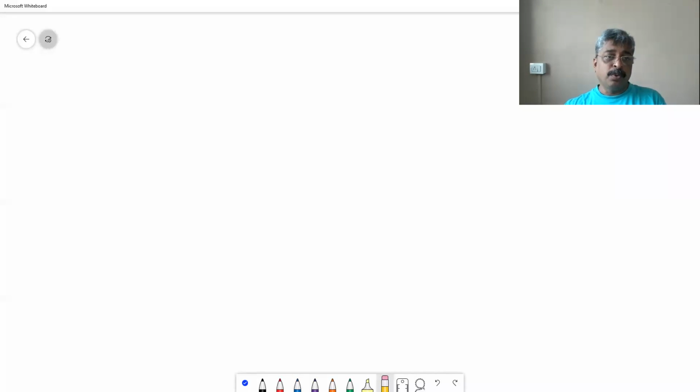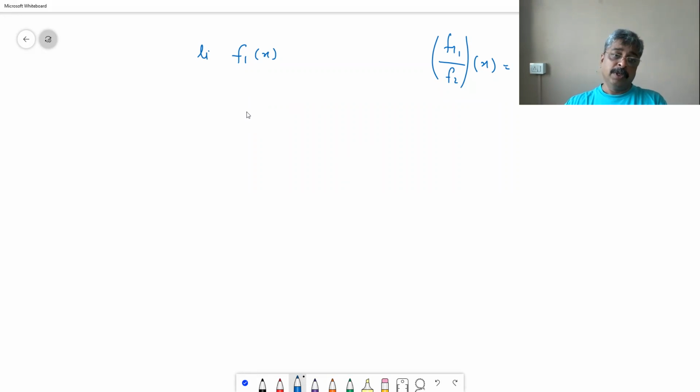What I wanted to bring to your notice is that if we want to prove that limit of f1 upon f2 of x is equal to L1 upon L2, it is good enough to prove the reciprocal theorem first, and then the reciprocal theorem and product theorem will give us the ratio theorem.